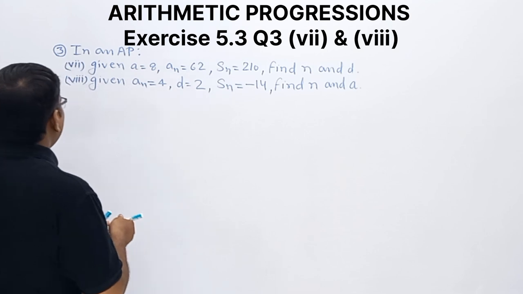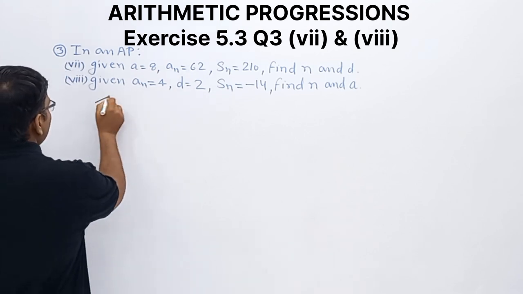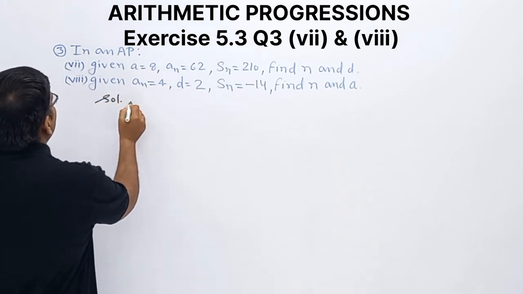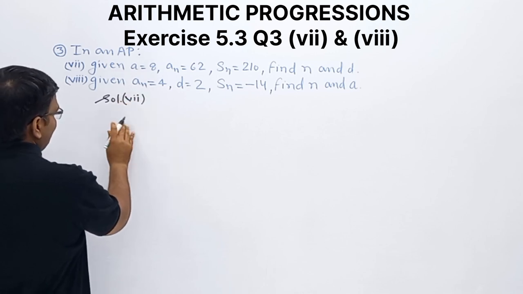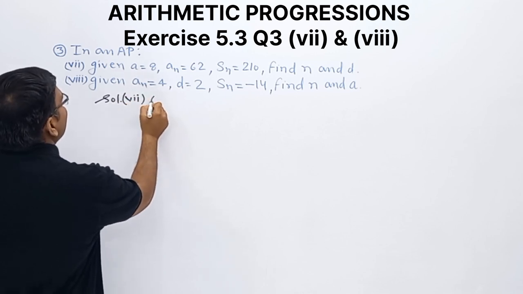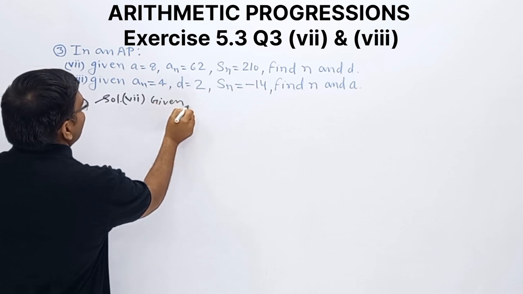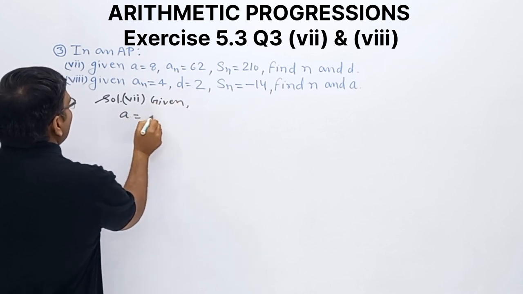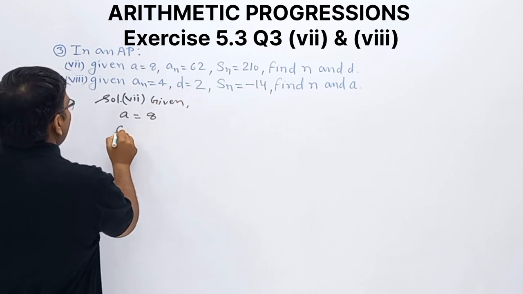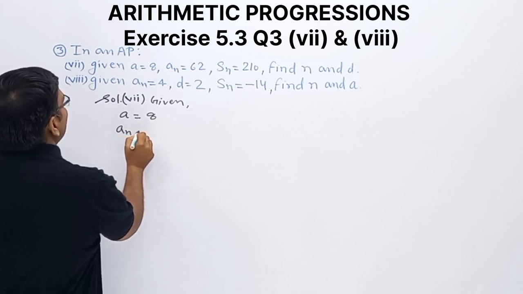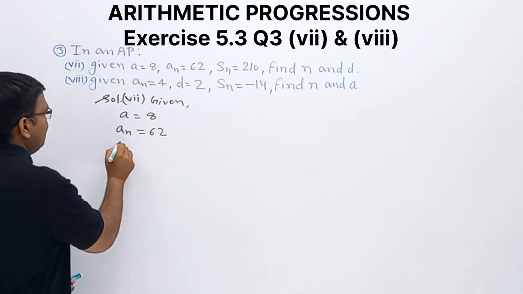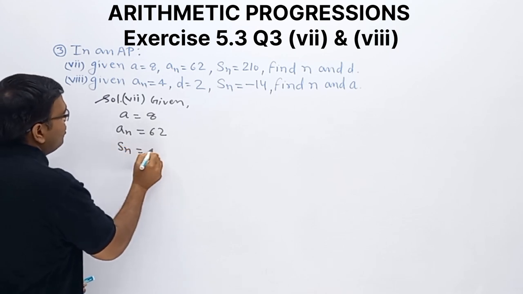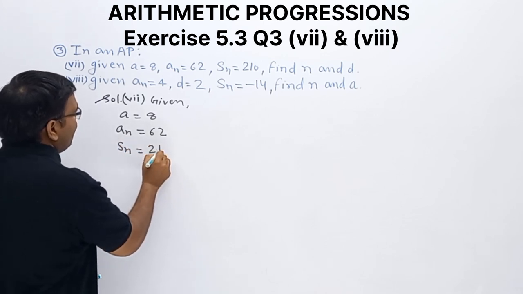So first I am writing the solution of the 7th one. Observe carefully. I am taking the 7th one first. First I am writing the given things. What things are given? A equal to 8. An equal to 62. And Sn equal to 210.